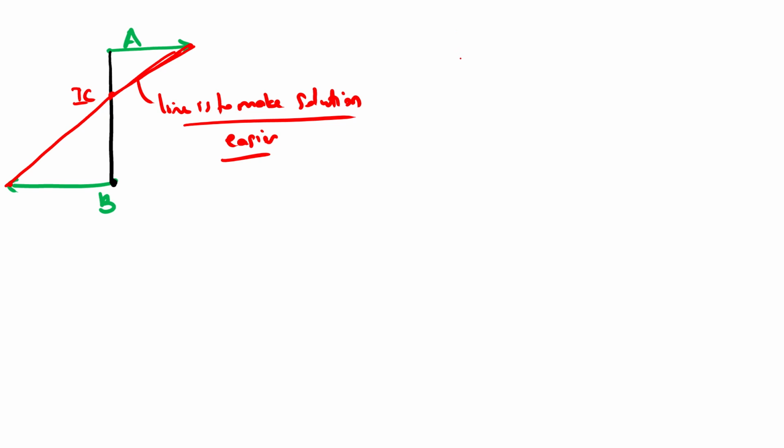The first thing is that the velocity of A is equal to the velocity of the instantaneous center plus omega, let me write in scalar form, omega into RA with respect to the instantaneous center. I know that the first term is 0, and the velocity of A is 0.25.